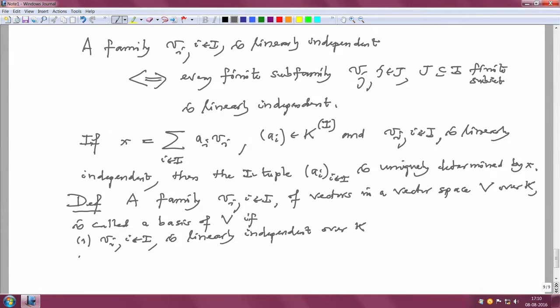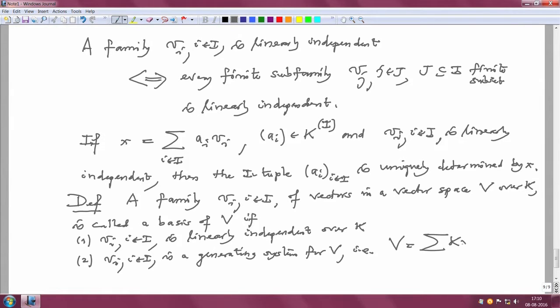And two, Vi, i in I, is a generating system for V, that is, V equals the sum of the subspaces.